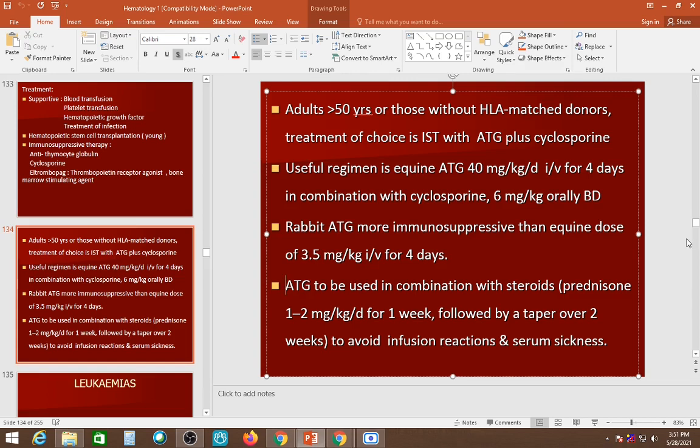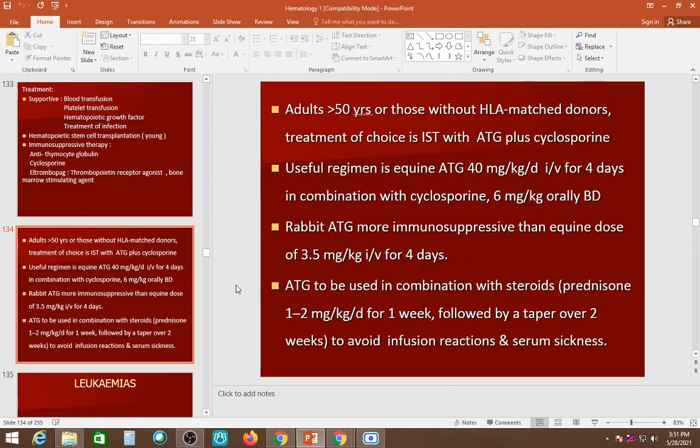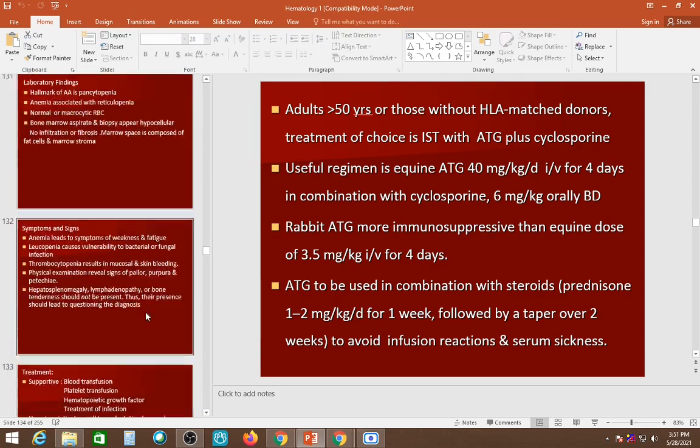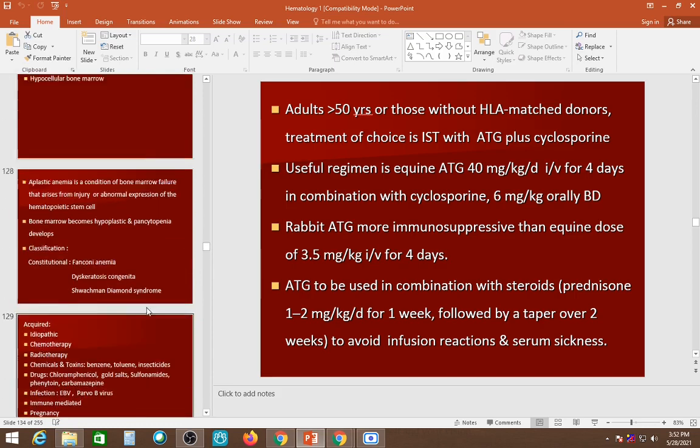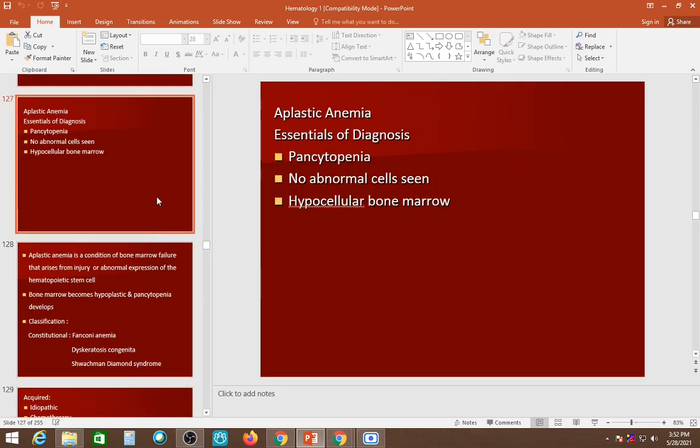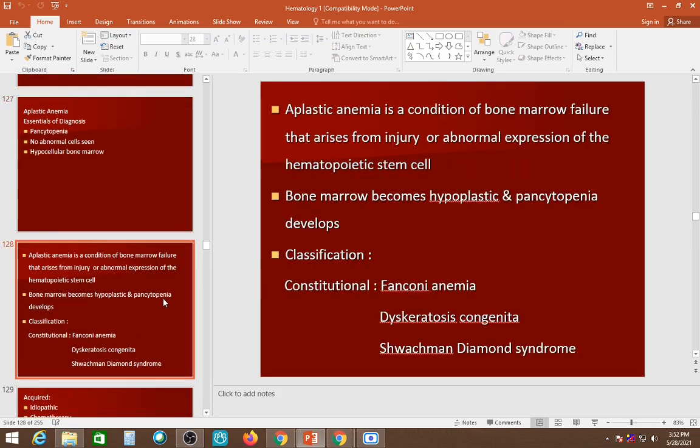Aplastic anemia? So let me recap again before we go to the other topic which will be discussed in the next class. So what is aplastic anemia? Basically aplastic anemia is a condition of bone marrow failure that arises from injury or abnormal expression of the hematopoietic stem cell. So the bone marrow here becomes hypoplastic and pancytopenia develops.